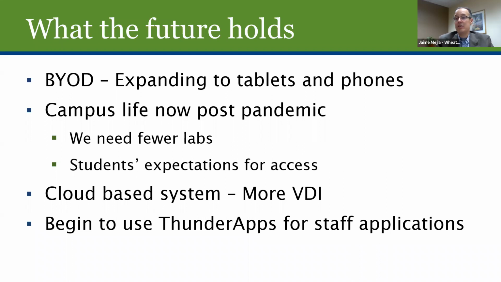Students expect to get access to those applications and be able to use them when they need them. Again, cloud-based systems, more VDI, and continuing to make Thunder Apps more robust. I know we are working along with the AppsAnywhere team to make that happen. And with the last point here, we are beginning to use Thunder Apps for faculty and the applications they are using.